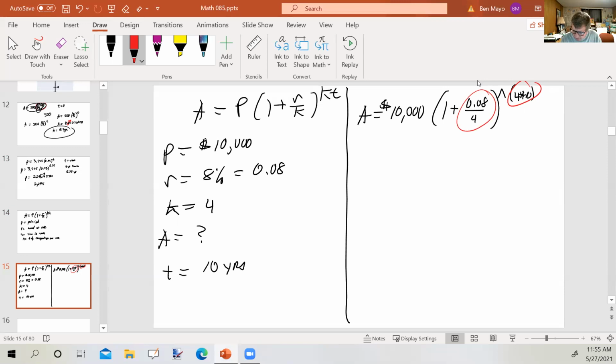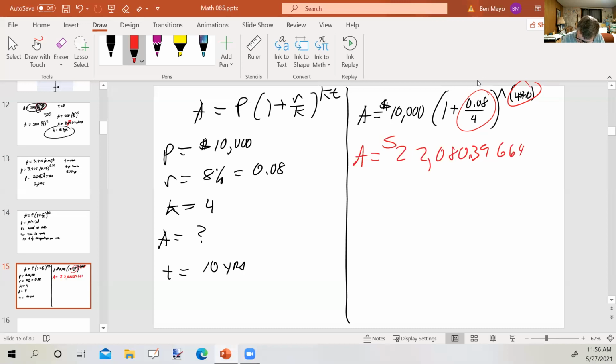Okay, so I'm going to put all this in the calculator just like it is. So I've got 10,000 times parentheses 1 plus 0.08 divided by 4 close parentheses. Then I'm going to use the little caret key raised to the power parentheses 4 times 10 close parentheses, and I get 22080.39664.